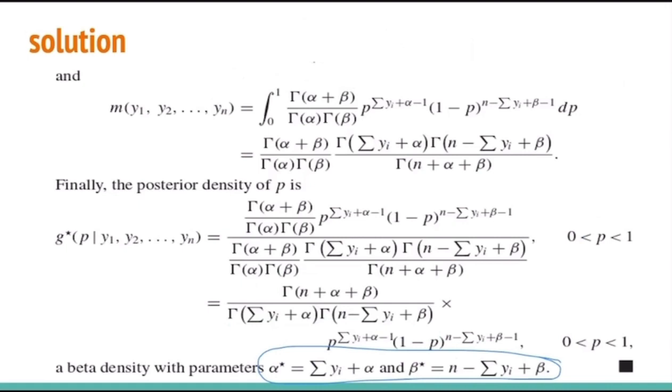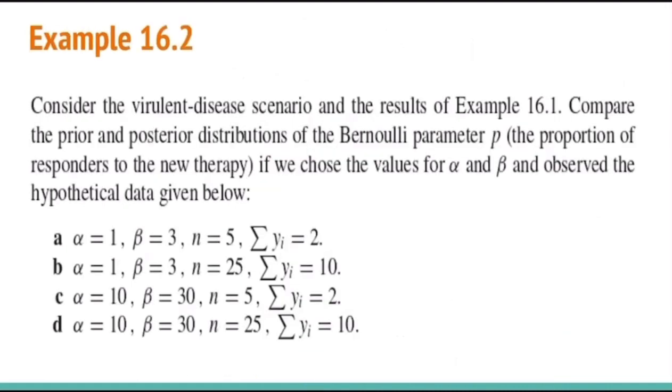So now I'm going to move to the next slide. Let us have an example. Consider the virulent disease scenario and the results of example 16.1. We want to compare prior and posterior distributions of a Bernoulli parameter P, the proportion of responders to the new therapy.